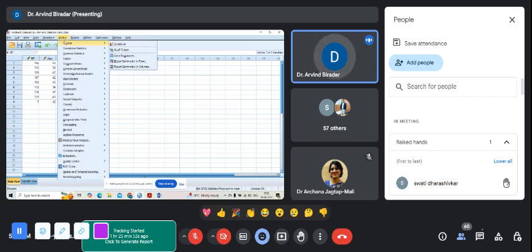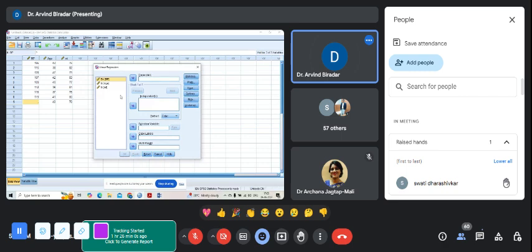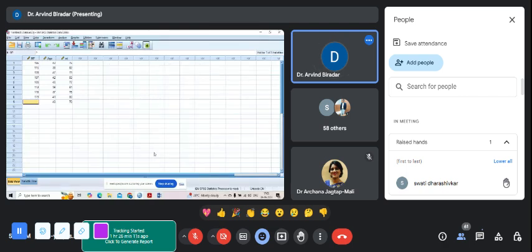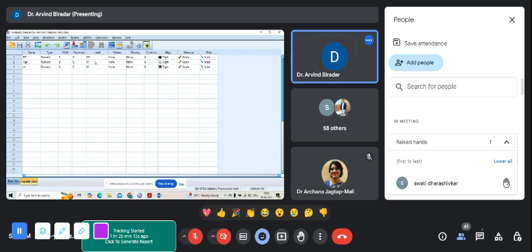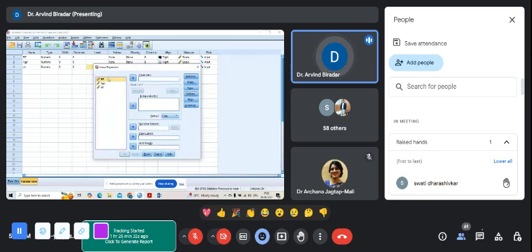Go to Analyze, Regression, Linear. Okay, the dependent variable is BP, and the independent variables are age and weight.